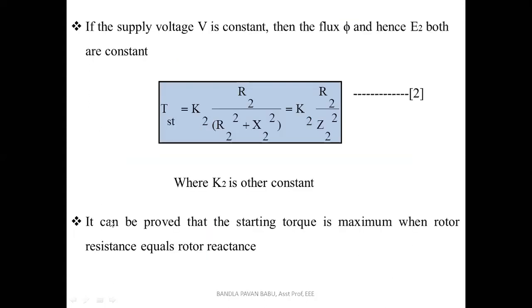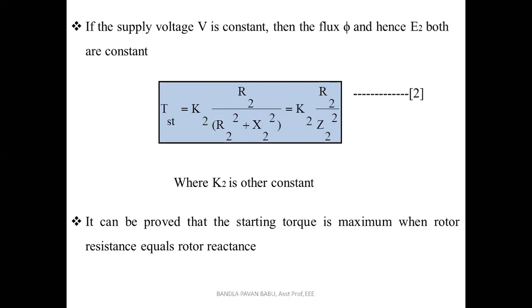Next, let us prove what happens at this standstill condition. So what is the torque equation? It can be proved that the starting torque is maximum when the rotor resistance equals the rotor reactance. Similar to the power system, if there exists only the resistance and the reactance part is zero, the maximum amount of real power can be transferred, right?